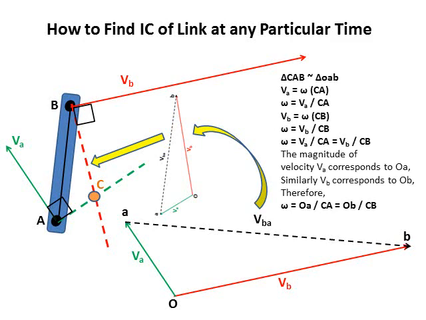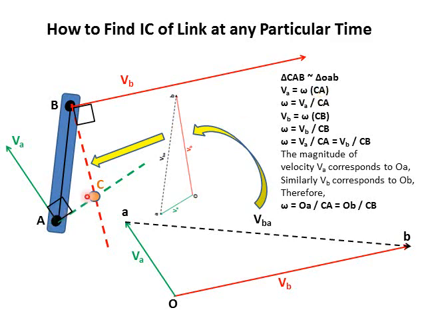So what we are doing is some mathematical formulation. We know that the velocity at point B, VB, and the velocity at point A, VA, the green color, is equal to angular velocity into the perpendicular distance CA.